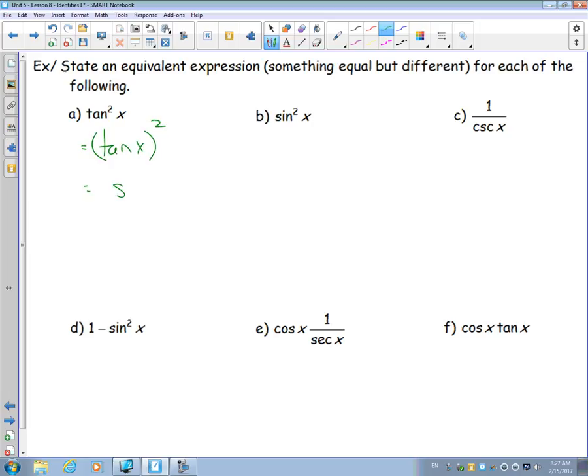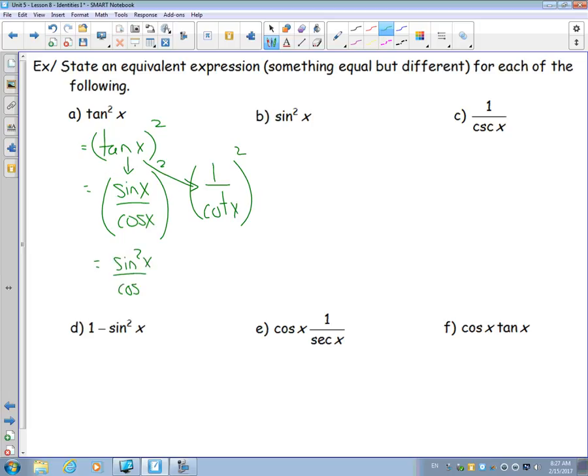Well, one option is I can write that as sine over cos, but it would have to be squared. Another option is 1 over cotangent squared, because that's what tan is. So you have two options here. Those are something equivalent but different. And in either case, we'd probably write these as sine squared over cos squared, or 1 over cotangent squared.